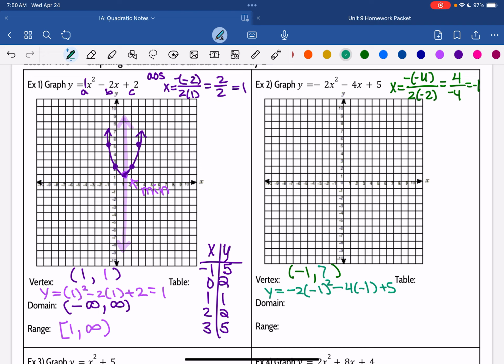So right away I can even plot this if I want to. Negative 1, 7. And I can even put my axis of symmetry in there. So we have negative 1, 7. Put some points around it. Now let's plug in. Okay, so we get 5.